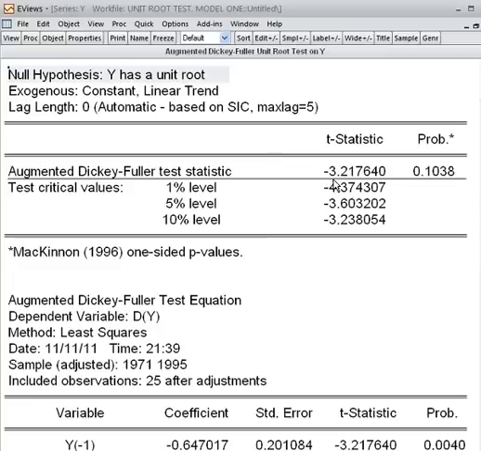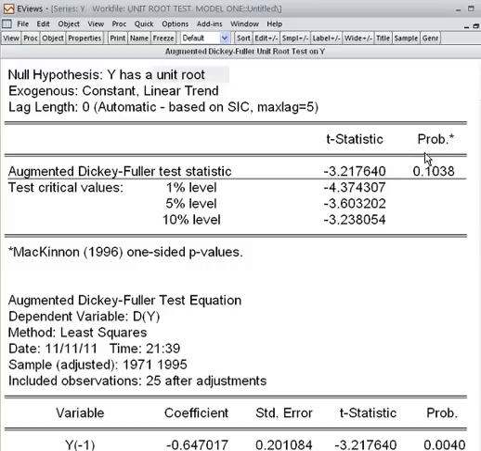Okay, that is one approach. So what is the second approach? If the test statistic is more than the critical value, we can reject the null, right? That is the second approach. So the absolute value of this one is smaller than this one, smaller than this one, and also smaller than this one, meaning that we cannot reject the null, meaning that we accept the null. So y has a unit root.